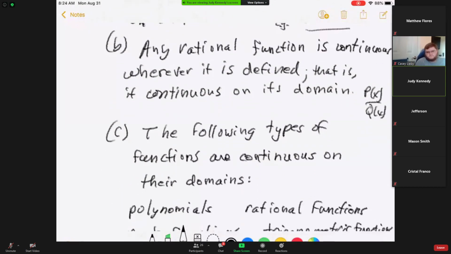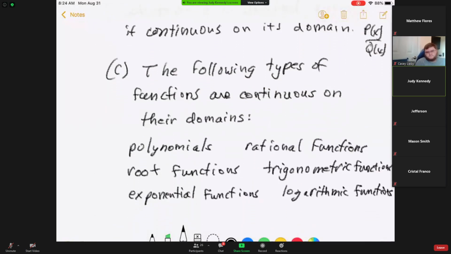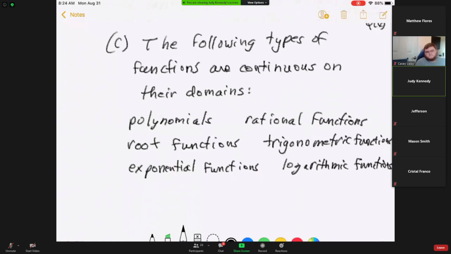And here's a whole other list of continuous functions. We talked about polynomials and rational functions already, but Mr. Levy was asking about root functions. There they are. Root functions are continuous where they are defined.